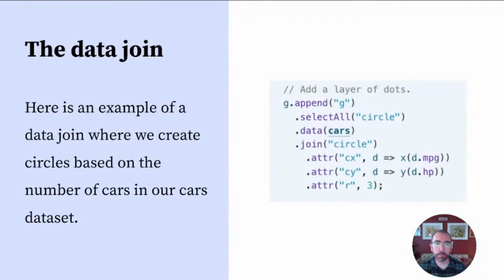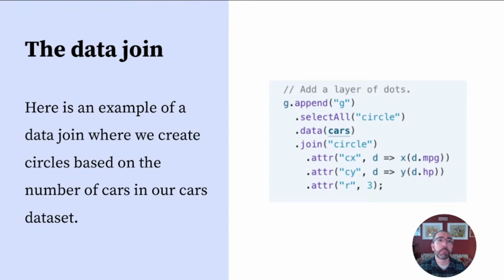So here's an example of what that looks like. So we've got that G container. We create a new G container just to contain all of our circles. Not actually necessary, but just common practice. And then we're going to first look for all the circles that we want. So we do a select all circles. So that's what we talked about yesterday, the select all, the way to find everything on the page that matches that logic. Here it's just for a circle tag.